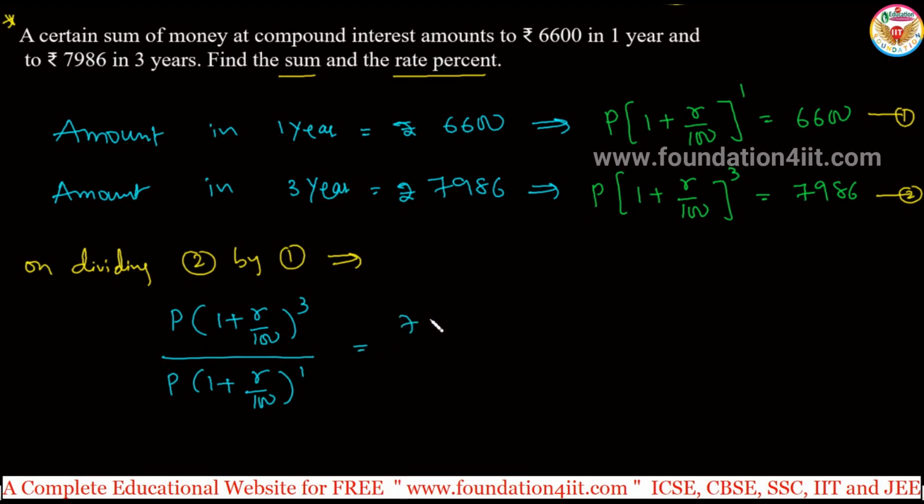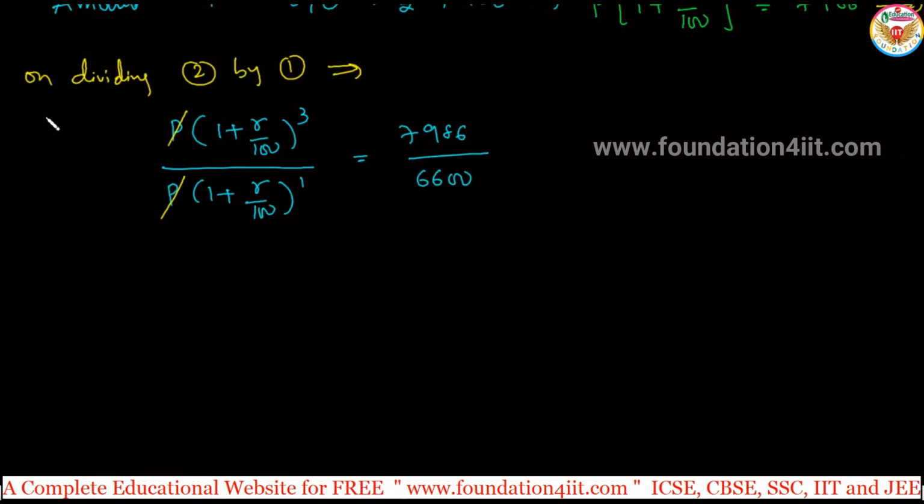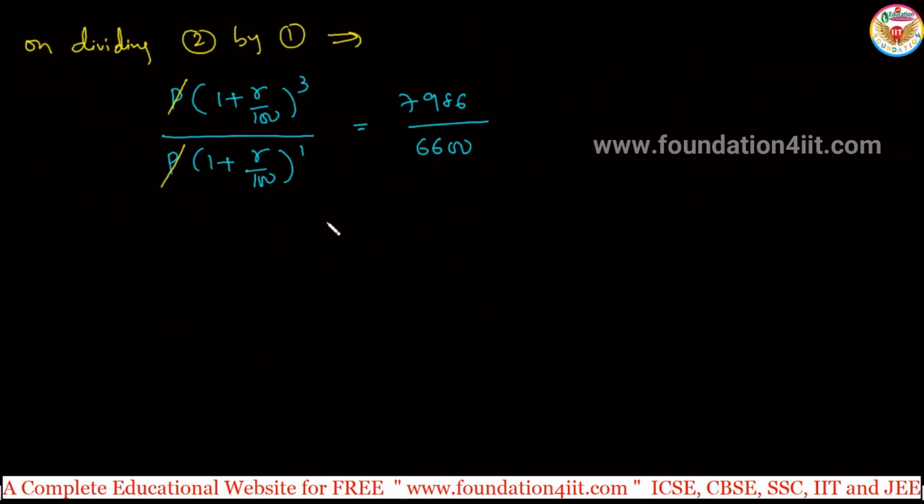Similarly, RHS 7986 divided by 6600. By dividing this, we can cancel this P and P.